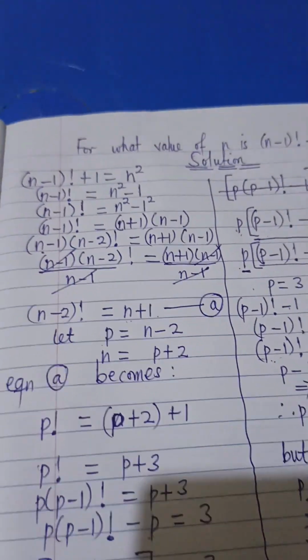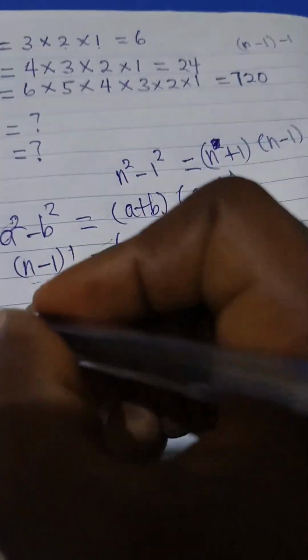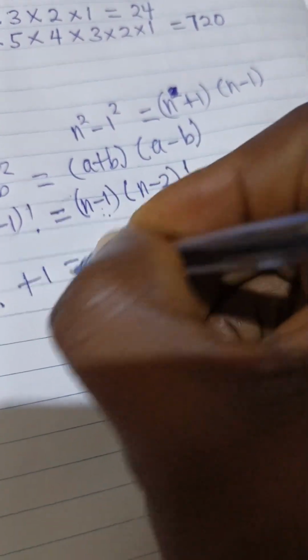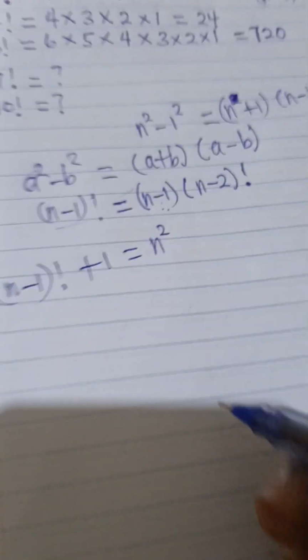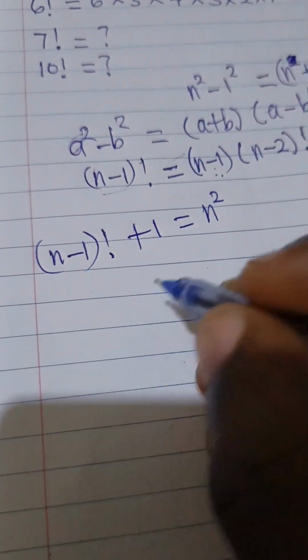And that's the solution. We can cross-check and see if we are right. The question was n minus 1 all factorial plus 1 is equal to n squared. Let's see if 5 satisfies this expression.